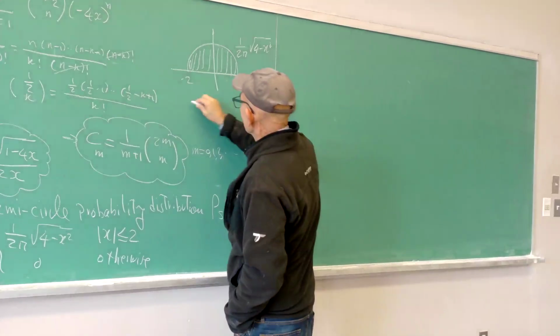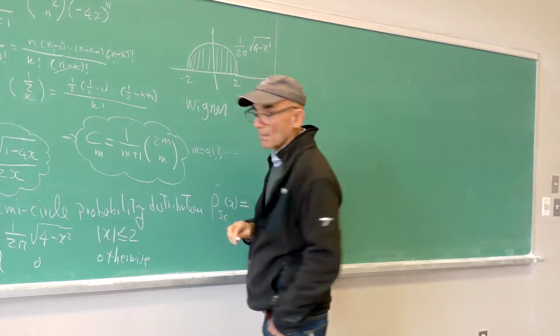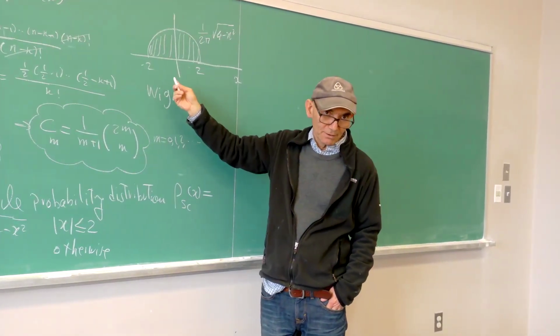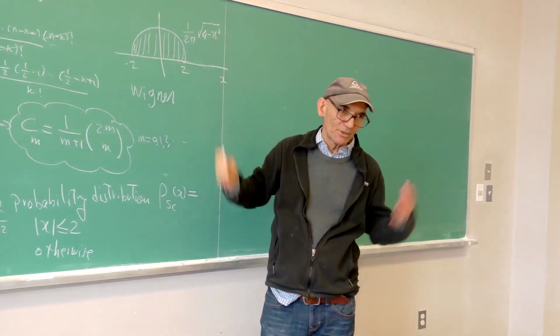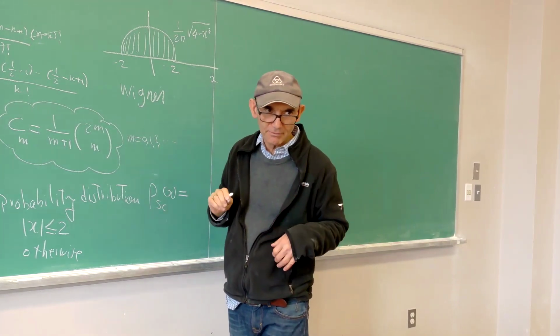This is also called the Wigner distribution. It's called semicircle, but of course it's not a semicircle. It's semi-elliptic, right? But it's typical to call it semicircle. Everybody calls it semicircle, I think including Wigner himself.